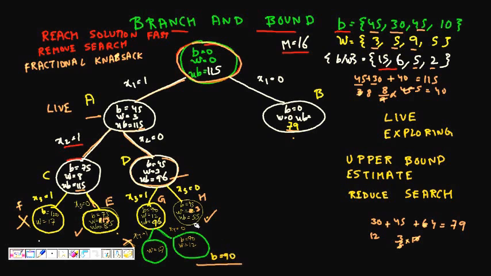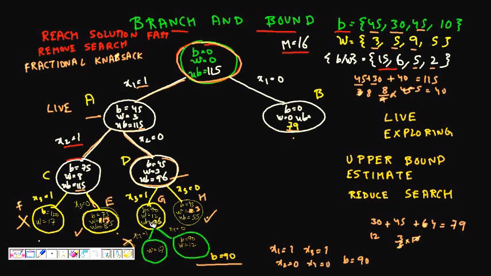So we have got one solution whose benefit is 90: first item chosen, second item not chosen, third item chosen. So x1 is 1, x3 is 1, x2 is 0, x4 is 0. We get a benefit of 90. Okay, we have got one solution now, that is 90 is the benefit.